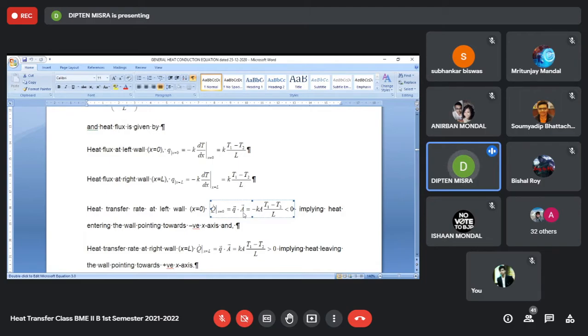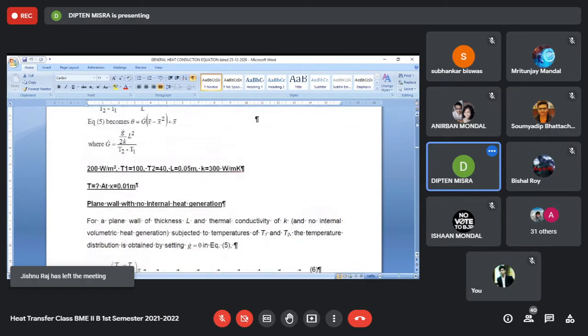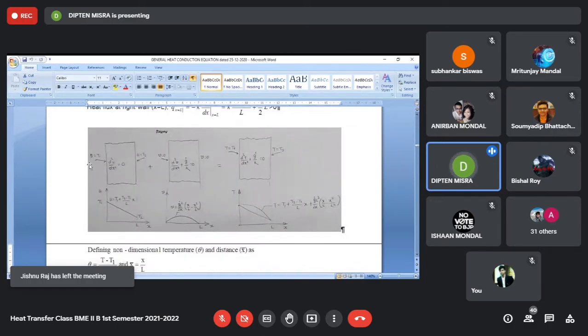Now, if you see the wall on the left hand side, the heat flux is in the positive x direction, and the surface on the left side of the wall is pointing in the negative direction.